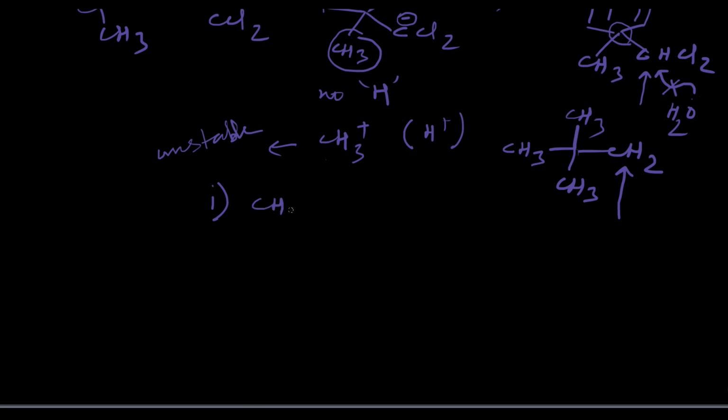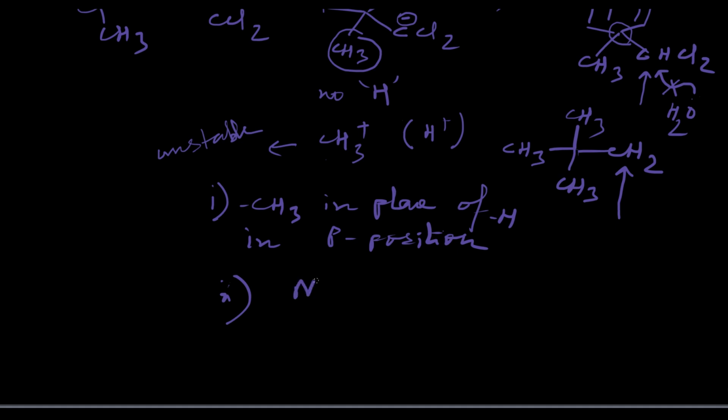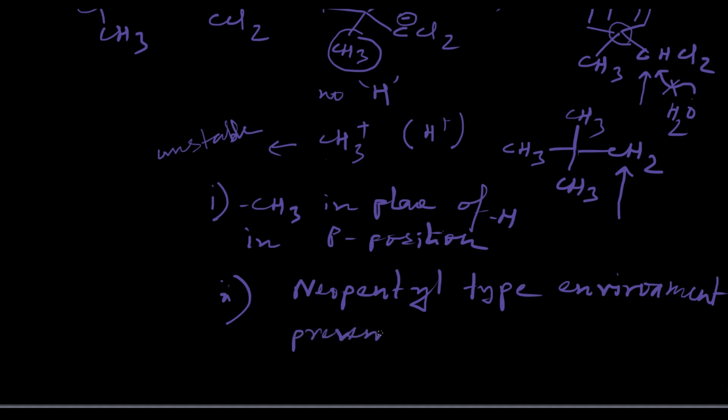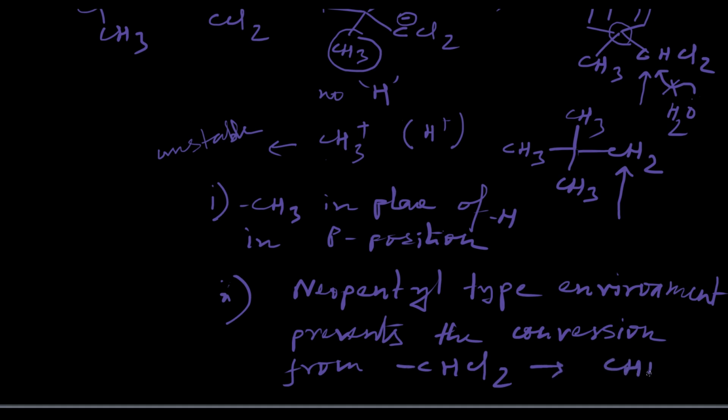Number one is a methyl group in place of hydrogen in the para position, and number two is that the neopentyl type environment prevents the conversion from CHCl2 to CHO. Okay, so these two are the main factors.